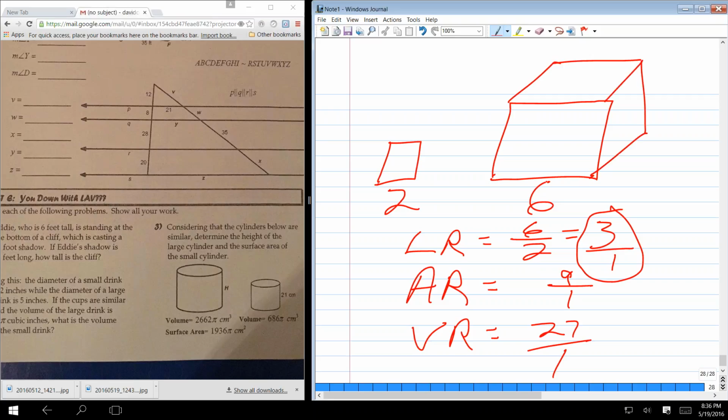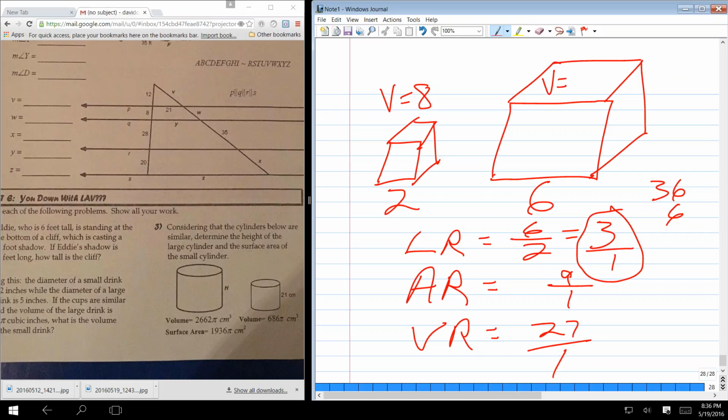Here's what we're talking about. If I had a cube that each side was 2, clearly it has a volume of 8. If I have a cube over here that each side is 6, 6 times 6 times 6 is 216.